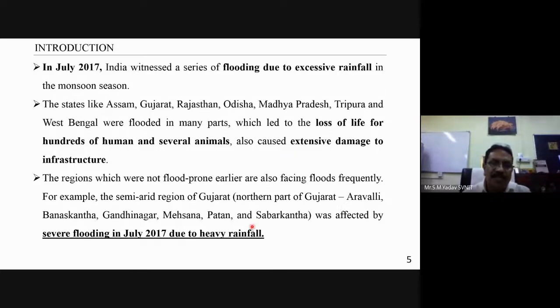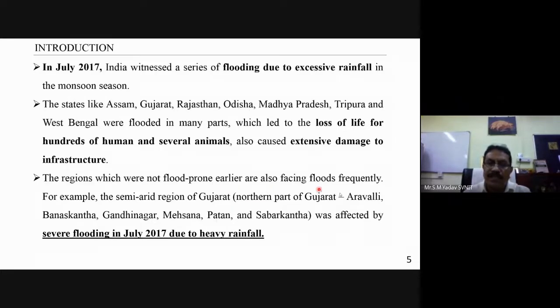Basically, the event which I am going to talk about is in a region which was not flood prone earlier. It was a semi-arid region, and if you look at the annual average rainfall figures of the area for the last 100 years, that figure is very small.